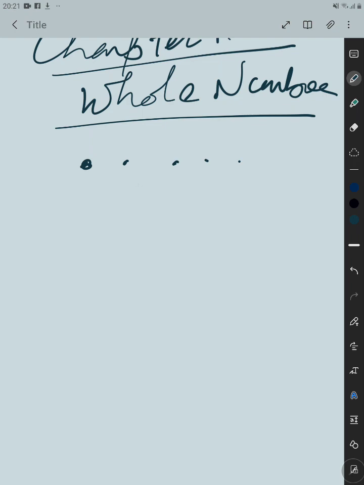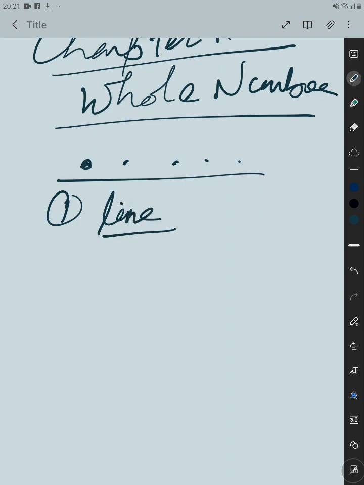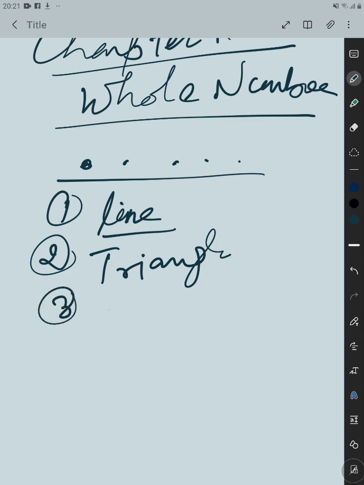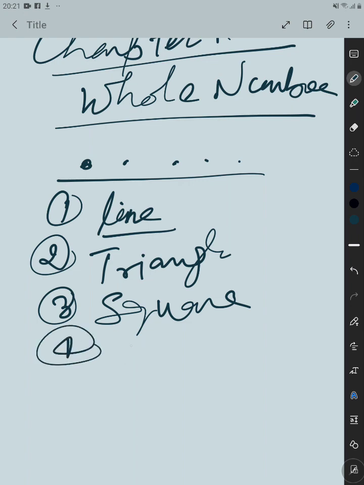The pattern that can be made by the dots, first is the line. A line can be made if we represent a number by the dots. Second, we can make a triangle. Third, we can make a square, and fourth, we can make a rectangle.